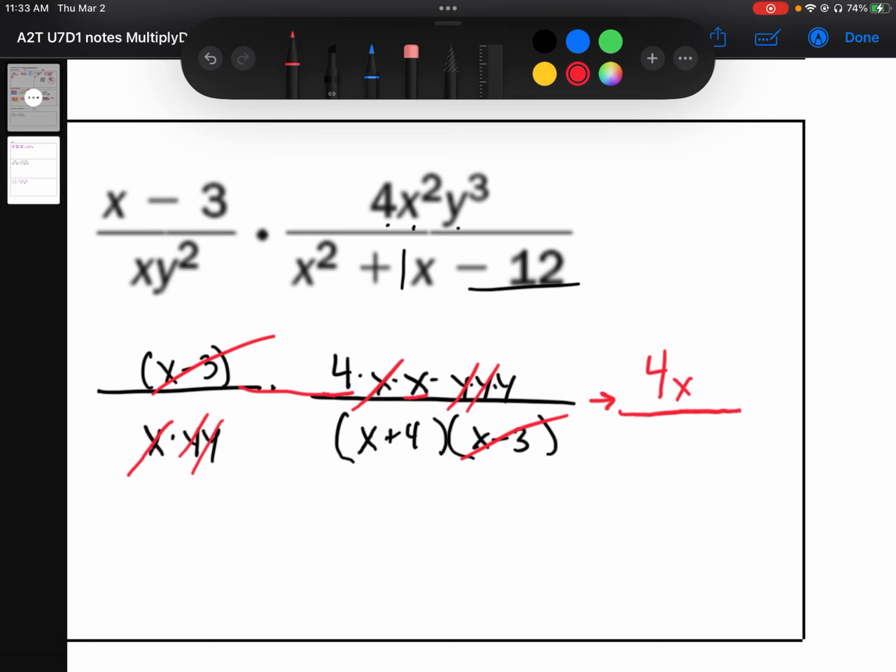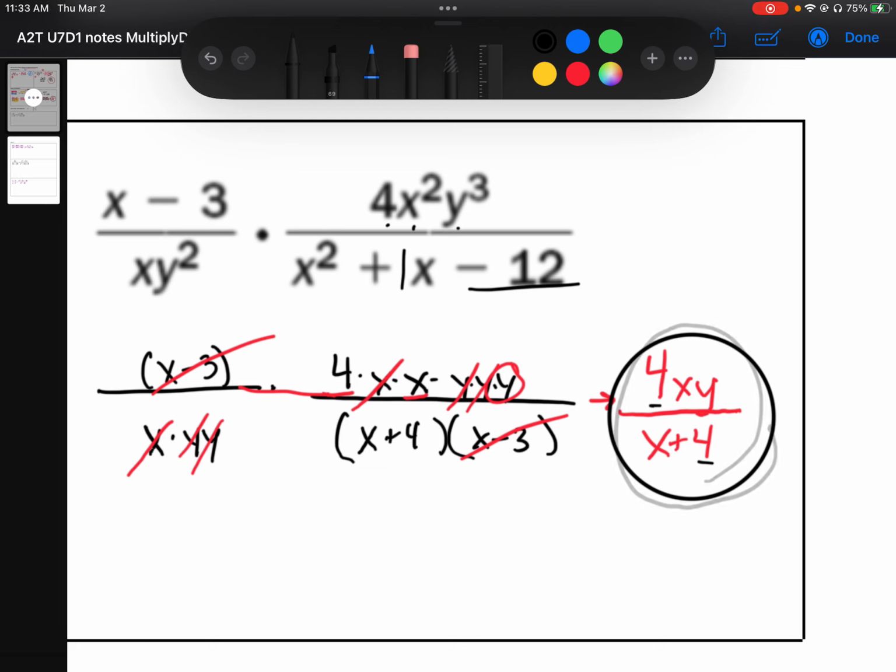In the denominator, I'm just left with x plus 4. Ooh, I'm also left with a y in the numerator. We cannot cancel out these 4's. The 4 in the denominator is a part of a binomial with that plus sign. So this whole thing is my final answer.